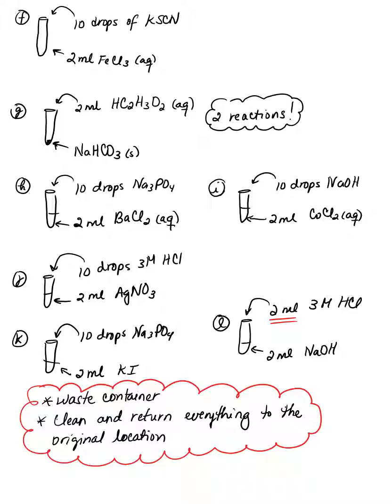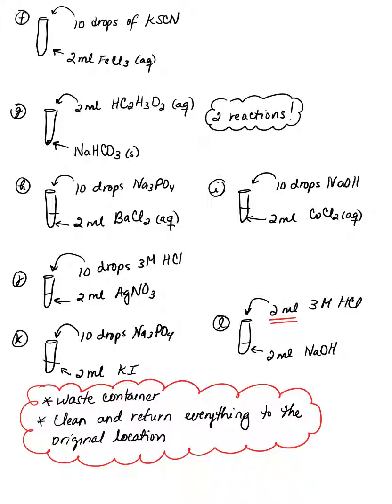A small amount is the tip of a spatula, the smallest one that you have. Make sure that you have gloves for this one, because sometimes it will come out of the test tube. Have paper towel on top of the table just in case you spill something, so that it will get on the paper towel.